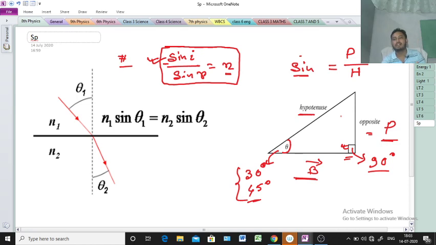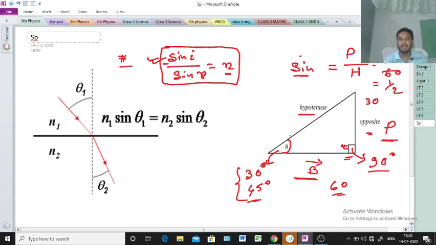So the value of the sin will be 30 by 40. Let's say that is 60 centimeter. Then the value of the sine will be 30 by 60. 30 by 60 means 1 by 2.